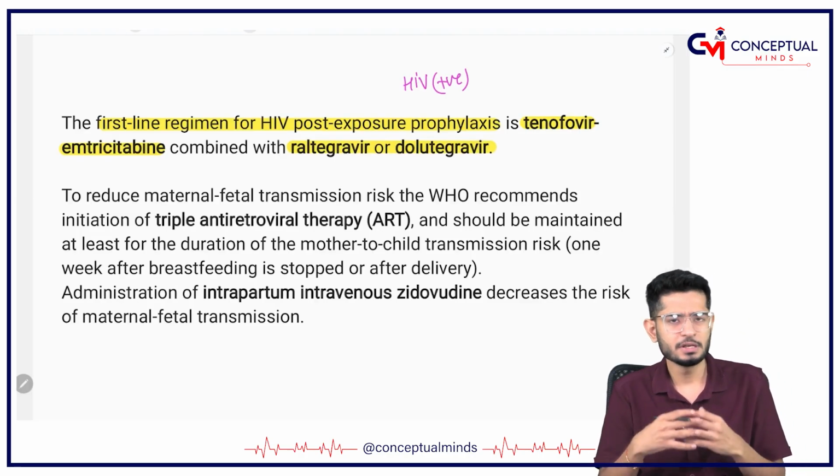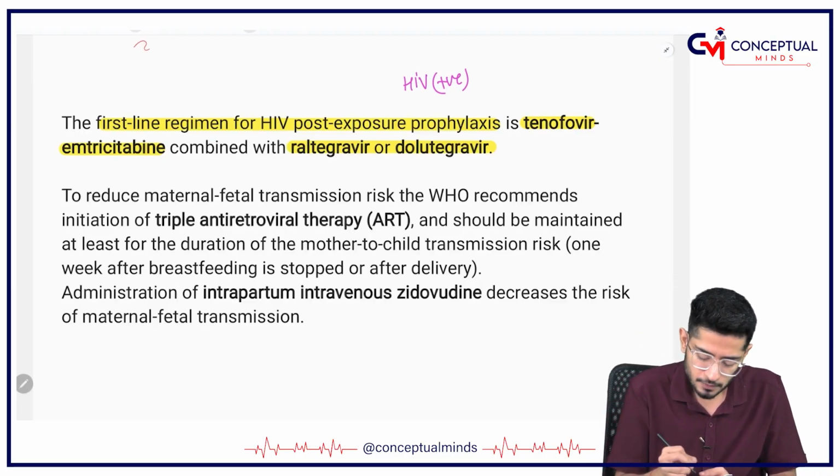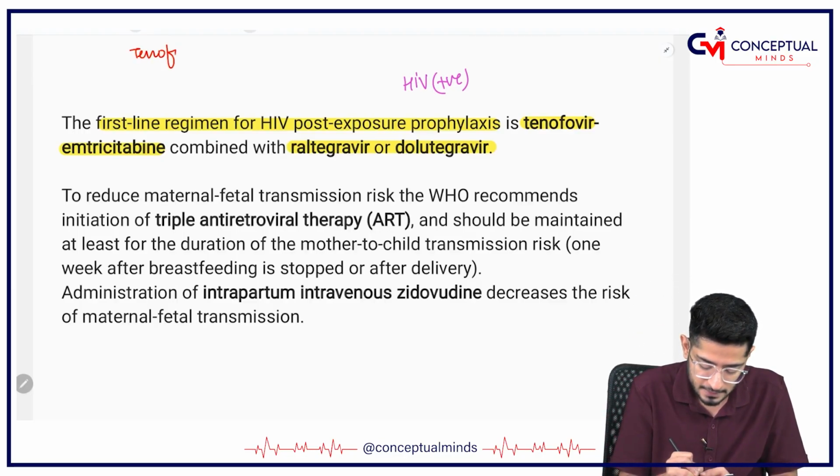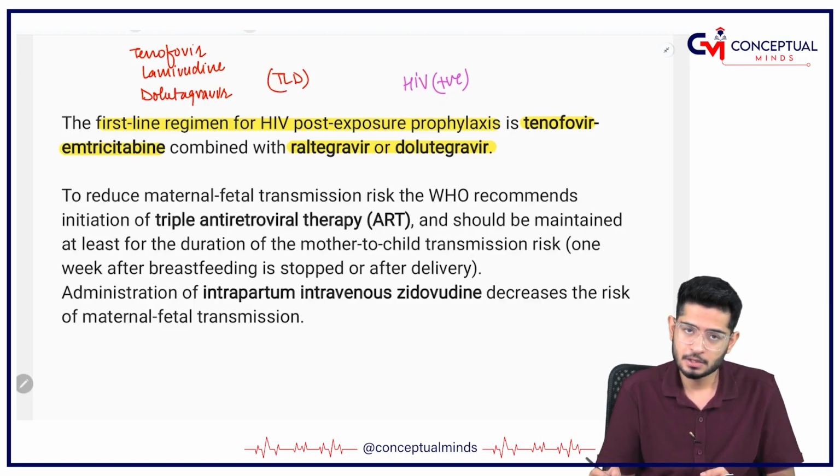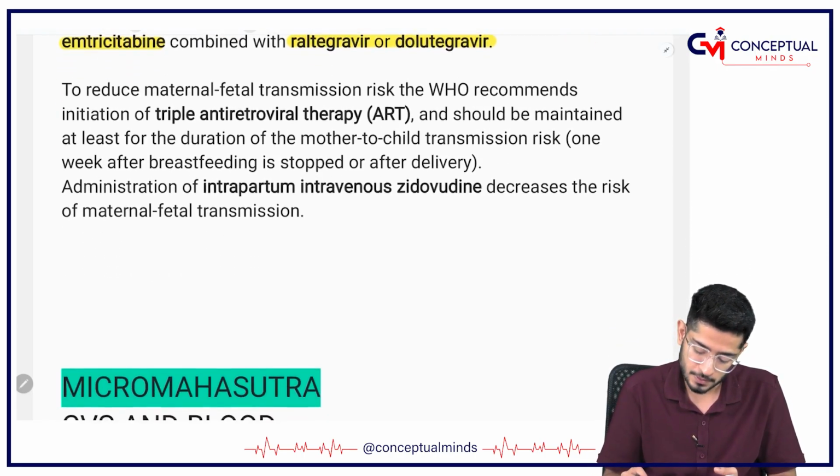This is followed in some places, but in most of the places nowadays they are following tenofovir, lamivudine and dolutegravir. So, TLD is the drug regimen which is being followed.